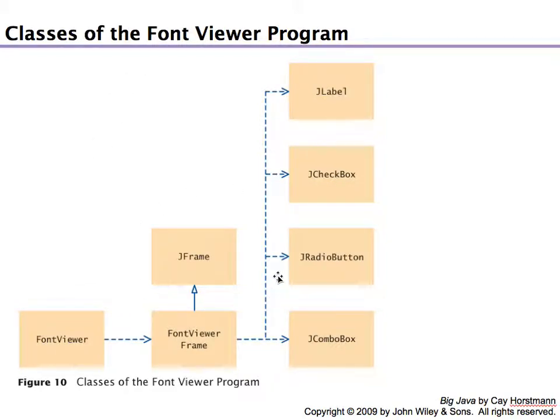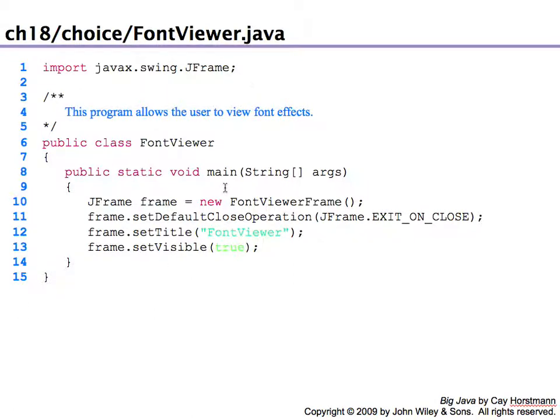This is a drawing of all the classes that exist. FontViewer is a class that you create. FontViewerFrame is the class that extends JFrame and creates the font viewer frame with the main method. And these are classes from the library that we use. Here is the implementation. The main method creates a font viewer frame and makes it visible.